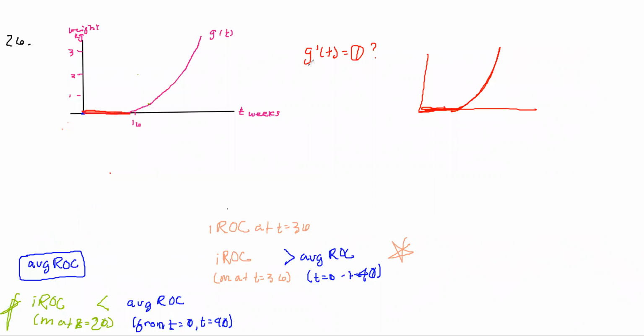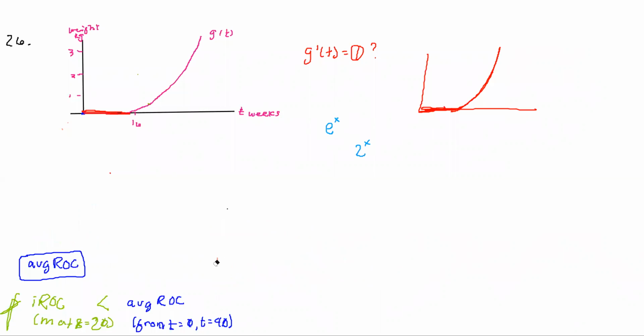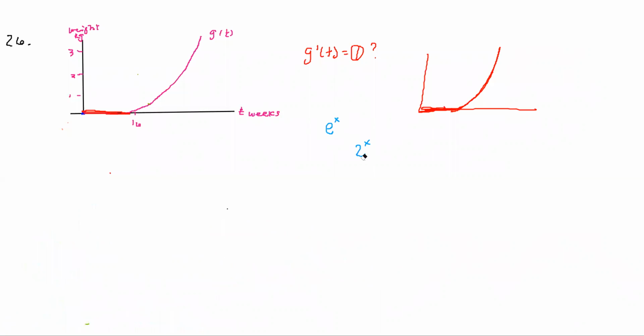By exponential, I mean something like e to the x or 2 to the x, not something like x to the third. So I have a function that is growing exponentially, and if I take its derivative, I'll get a function that is growing exponentially. That makes sense, and you'll see it later on.